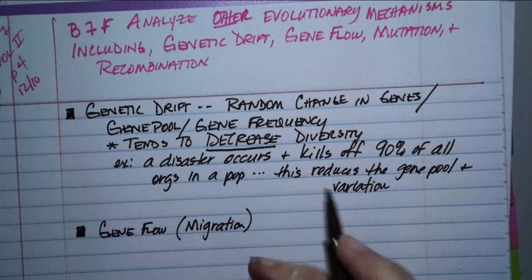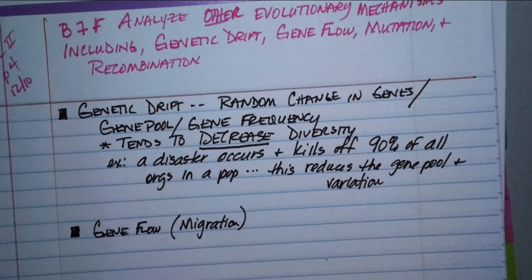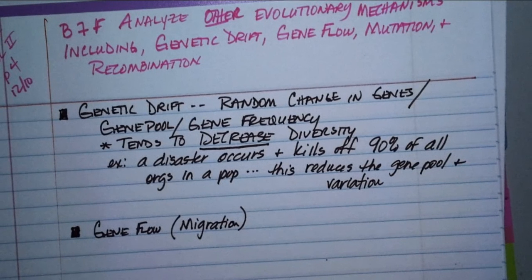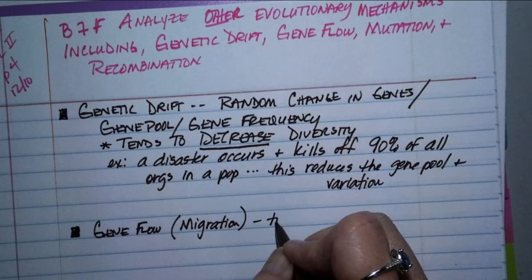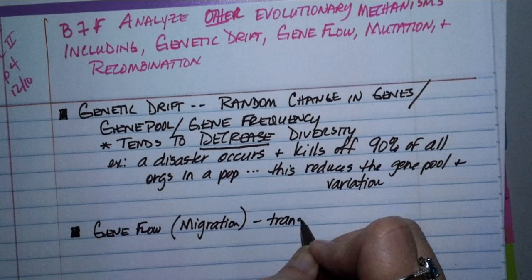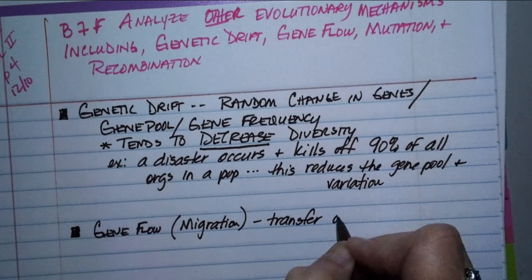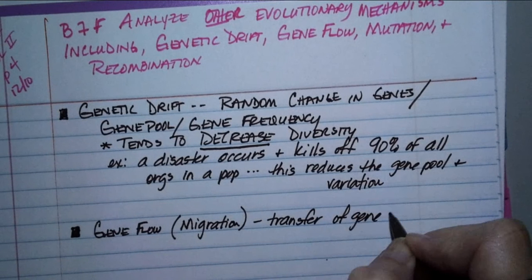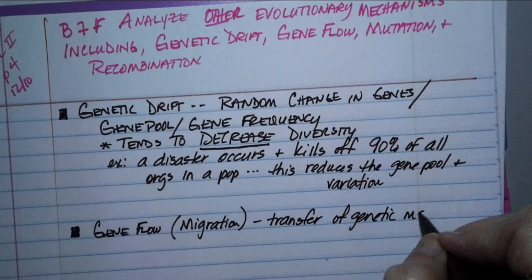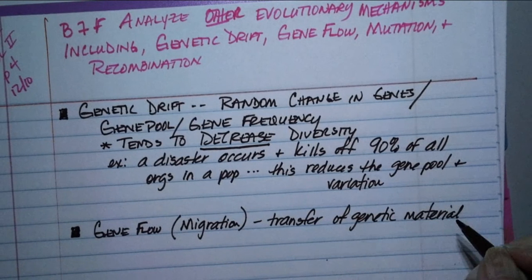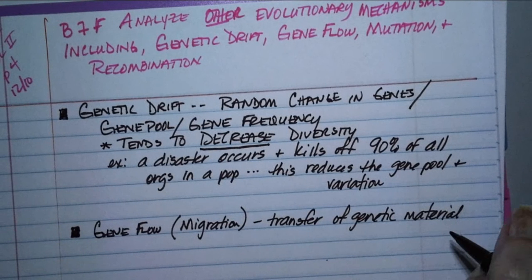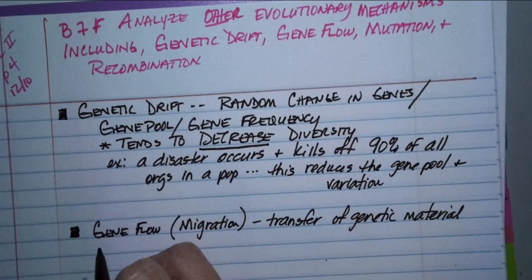So gene flow is a transfer of genetic material. And remember, we're talking about sex here, right? The genetic material is in the sperm and the egg. So you're moving from one area to another, and we've got a transfer of genetic material, and that's going to be variation from one population to another.